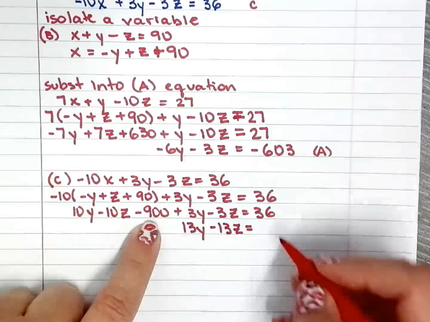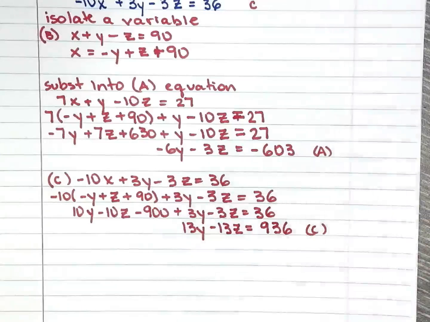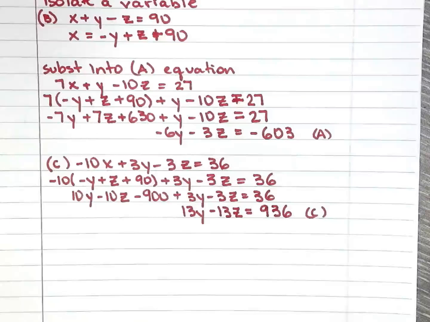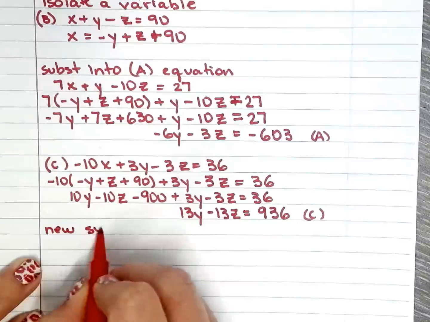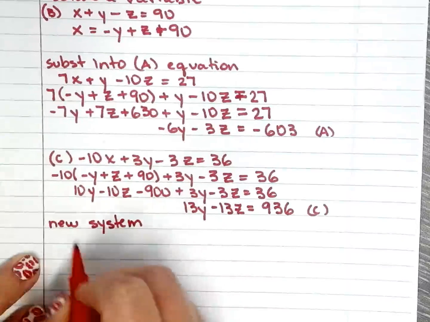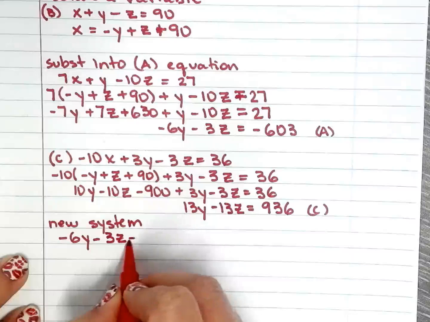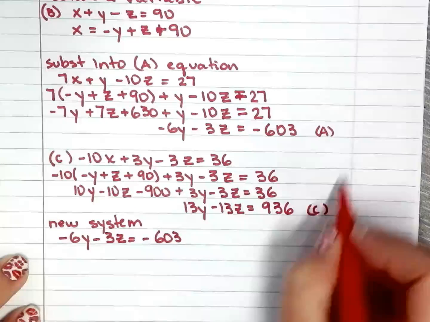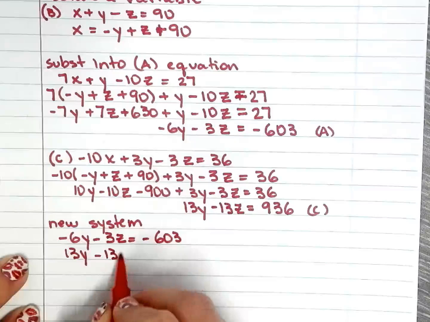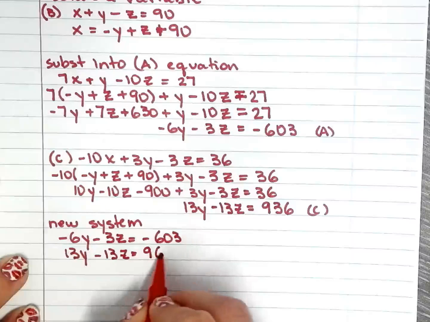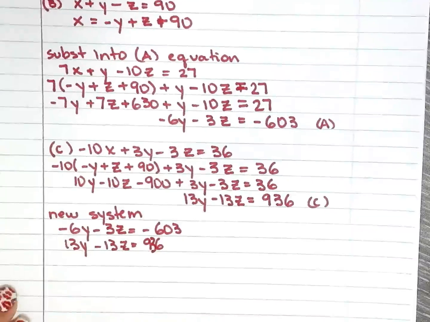And you will add 900 to both sides. Okay, so now I have a two variable system. This is my new system. And this is the other equation.